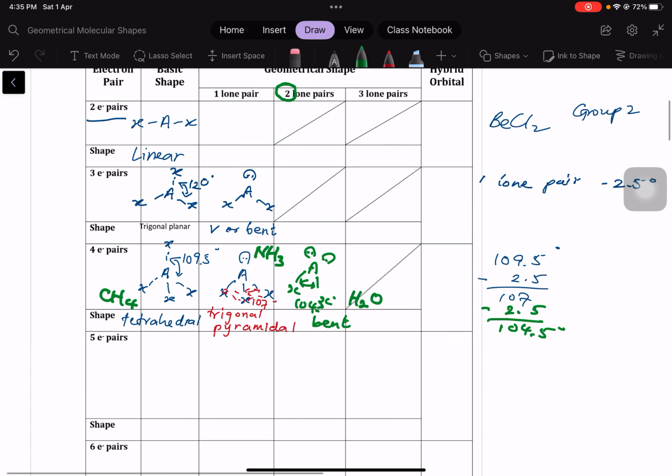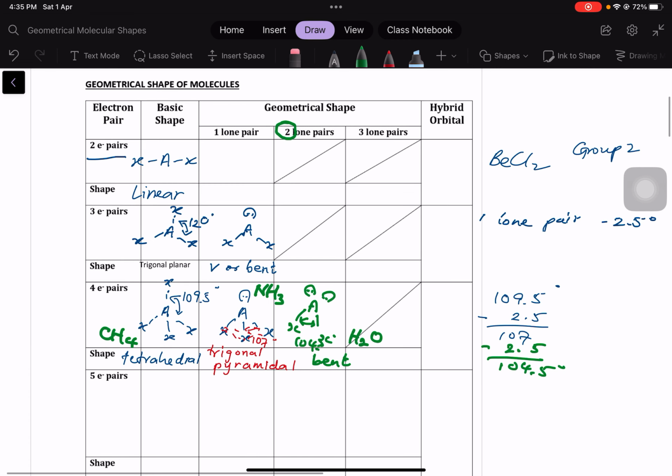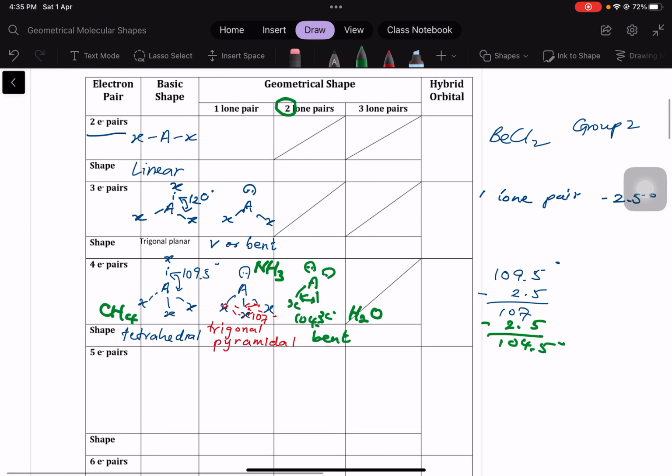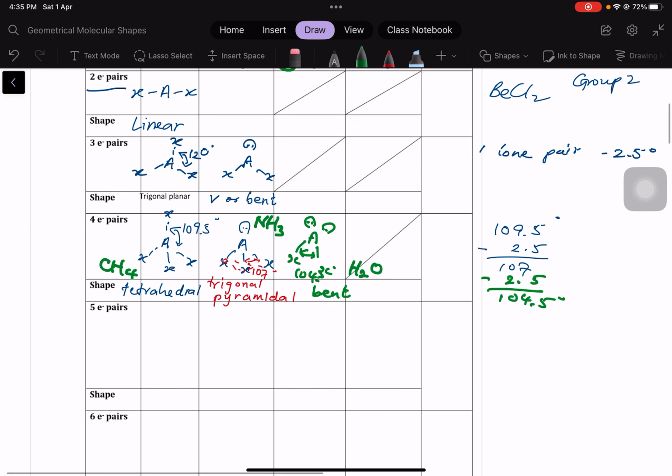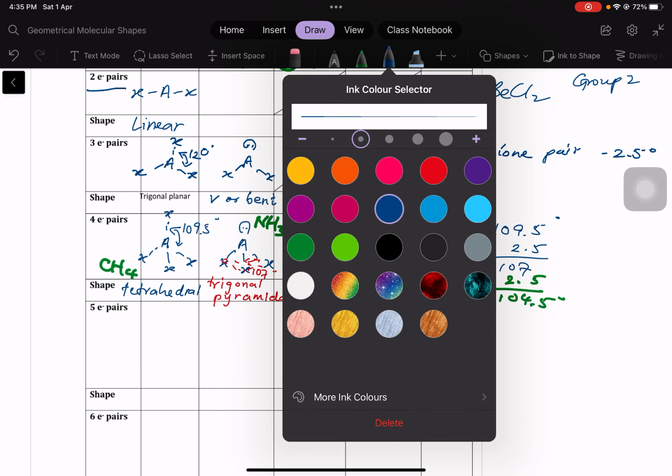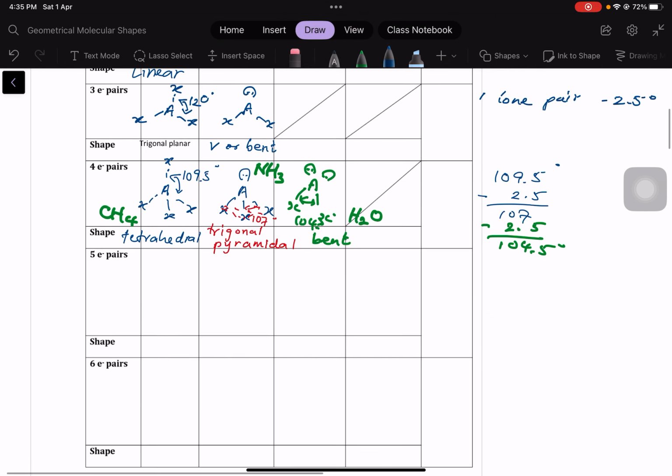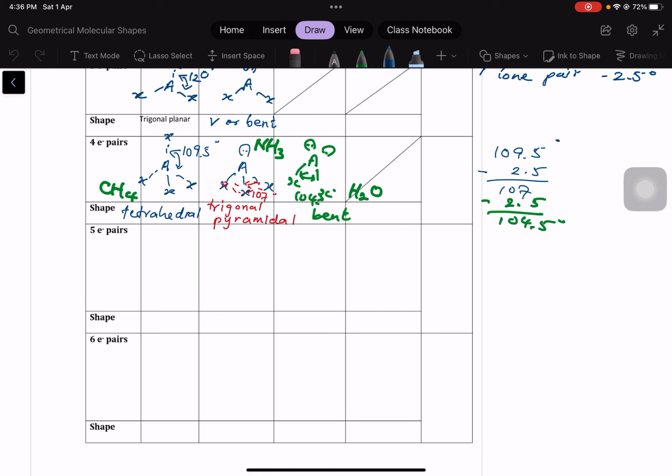Now for level 2 NCA, the geometrical shape will only include up to 4 electron pairs. So in other words, we can now look at 5 electron pairs, and 5 electron pairs will be covered for NCA level 3. So for those of you who are in level 2, you can take this as a preview.